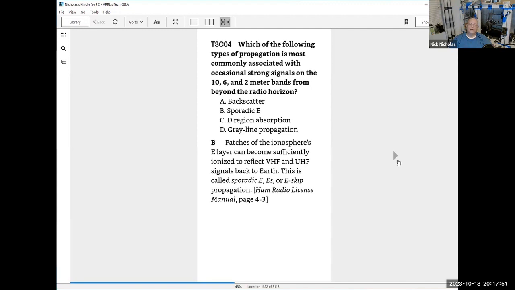It's called sporadic because it comes and goes. It's not necessarily an all-day affair. Sometimes it holds for hours and sometimes for minutes. It's kind of fun when you encounter it, though.